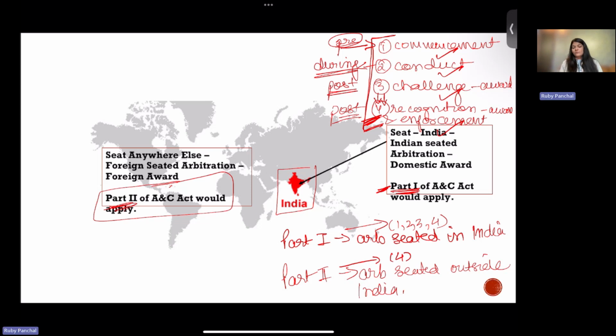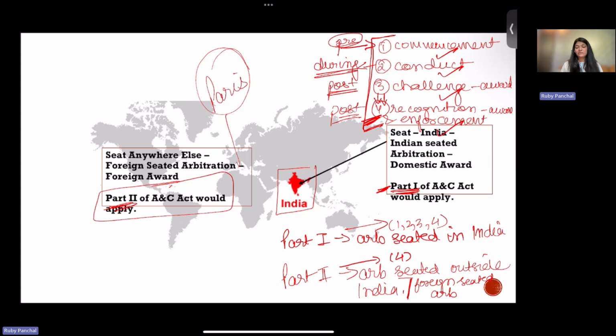So now what does it mean? Let's say an arbitration is in Paris. It's of course an arbitration seated outside India, or in other words, a foreign seated arbitration.